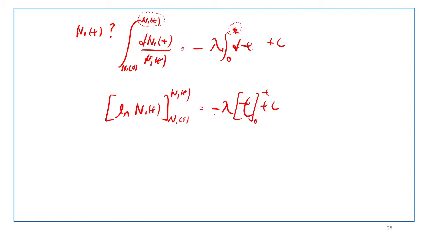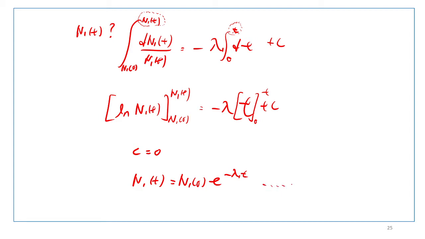Okay, so if you solve this, you get c equal to 0, and the final formula that we want is N1(t) equals N10 exponential minus lambda 1 t.